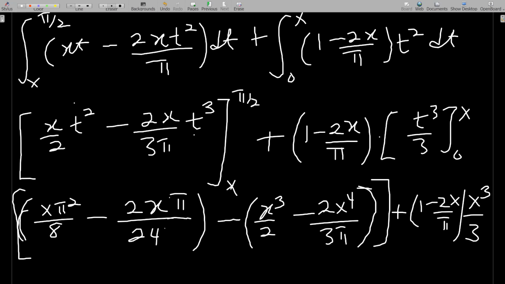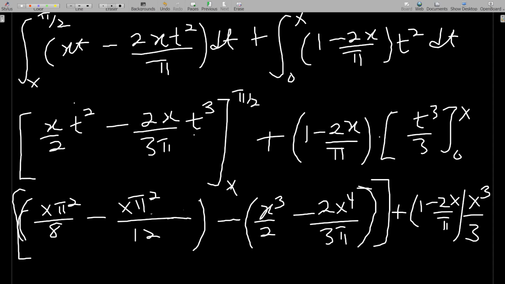So I have pi squared, and 2 goes here 1 and goes here 12. So this means that I'll have pi squared over 12 actually here, x pi squared over 12. I hope you get this.